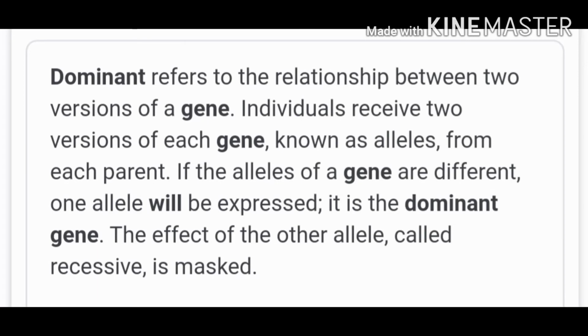Dominant refers to the relationship between two versions of a gene. An individual receives two versions of each gene, that are called alleles, one from each parent. If the alleles of a gene are different, one will be expressed and that will be called dominant, while the other will be present but masked, and it will be called recessive.